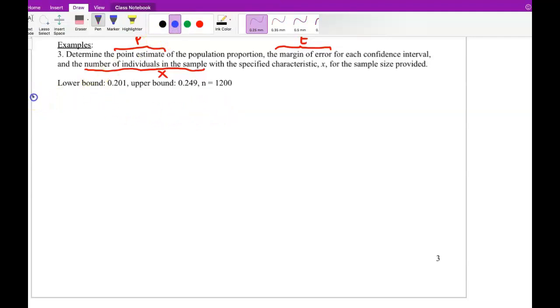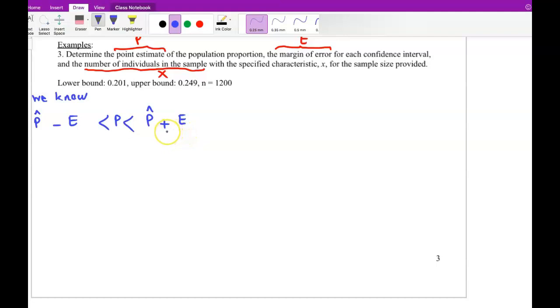But we know that our population proportion should be between, so this is confidence interval, should be between p hat point estimate minus our error and p hat plus error. So on the left side we have lower bound, and here on the right side we have upper bound.